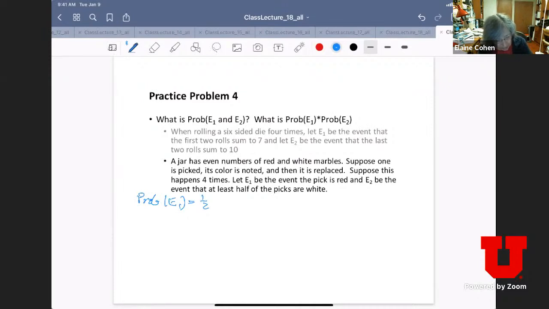Now the probability that at least half of the picks are white, probability of E2.